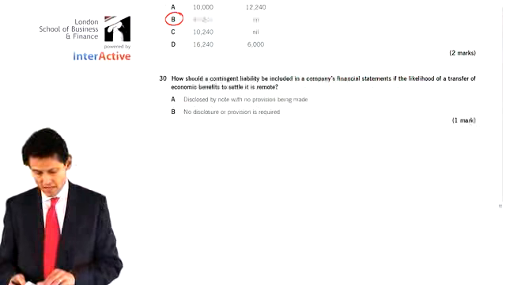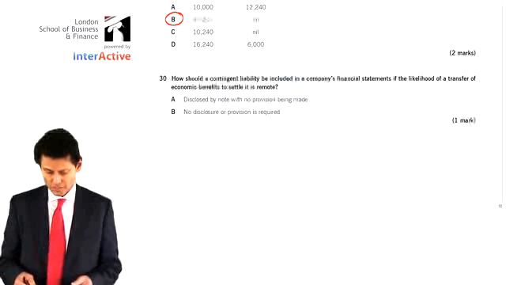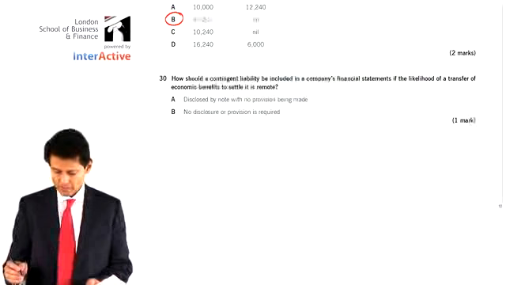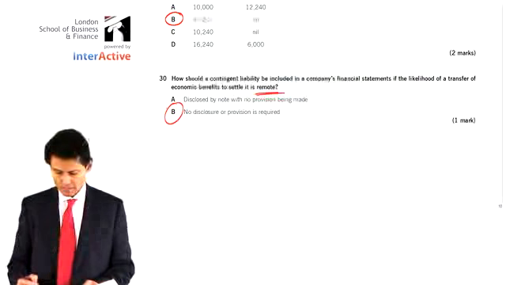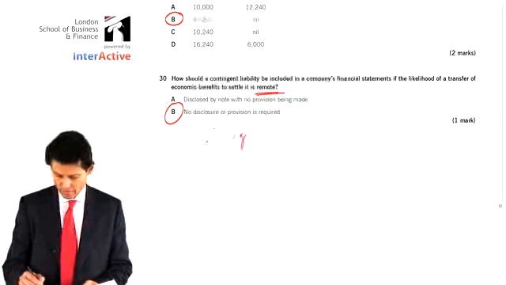How should a contingent liability be included in a company's financial statements? Next question. If the likelihood of a transfer of economic benefits is remote, remote means you don't disclose it or provide for it. In other words, it is basically ignored.